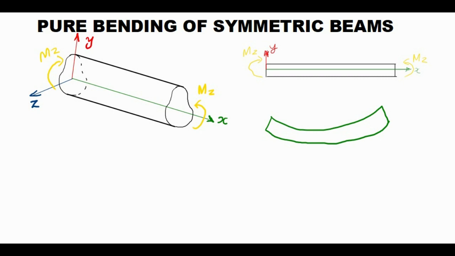If the moment is in the opposite direction, what will happen? If the Mz and these are in this way, the bending will be in this direction. So since the moments are as shown here, the deformed shape will be like this.